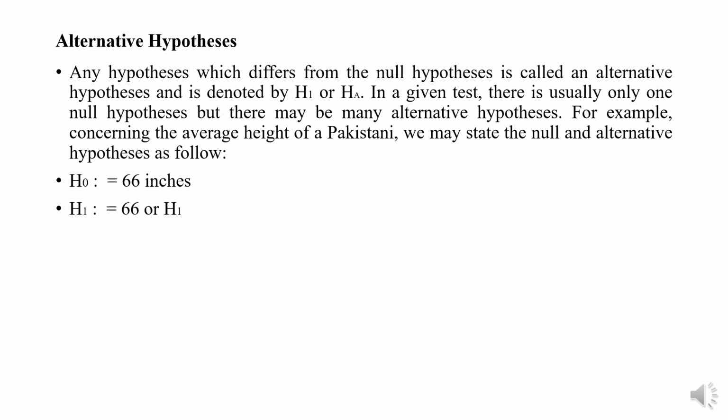In a given test, there is usually only one null hypothesis, but there may be many alternative hypotheses. For example, concerning the average height of a Pakistani, we may state the null and the alternative hypothesis as follows: H naught: mu equals 66 inches and H1: mu is not equal to 66 inches. So this is what the null hypothesis is. This is not equal.